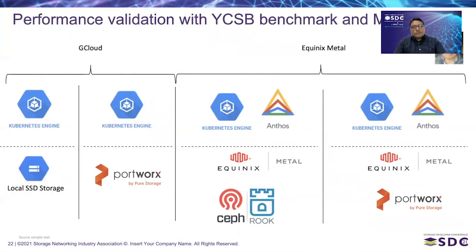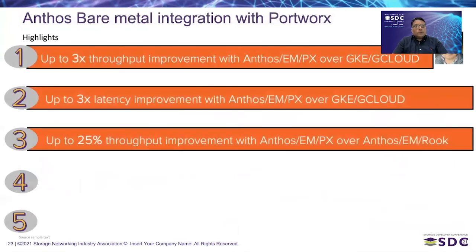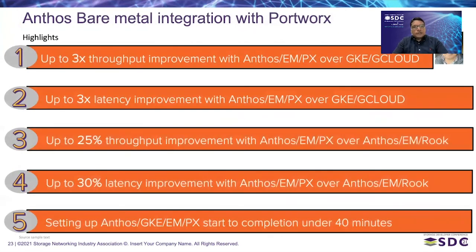On the right-hand side, you have Equinix Metal involved, where you are installing Ceph and Rook, which is one of the most popular CNCF projects, which just graduated and is used for persistent storage for the stateful applications running in Kubernetes. Then we used Portworx to do the comparison. The testing that we did was MongoDB YCSB testing.